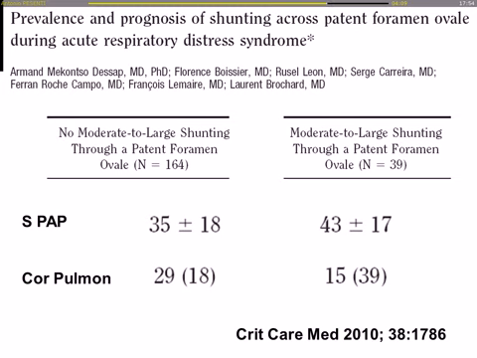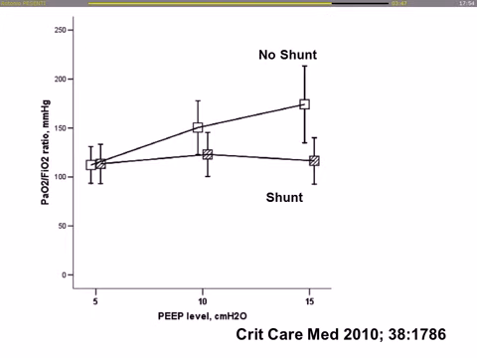And Dr. Mekontso Dessap, working in the group of Laurent Brochard, showed that in 15 to 20% of ARDS patients, we not only have pulmonary hypertension, but we also have intrapulmonary shunt. And paradoxically, if you increase PEEP to correct your low PO2, the shunt increases and PO2 does not change.